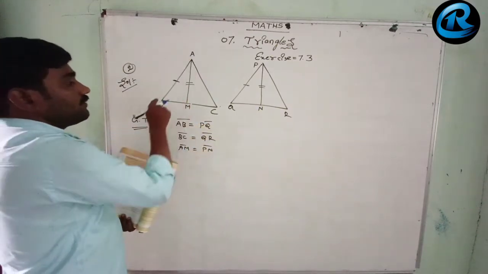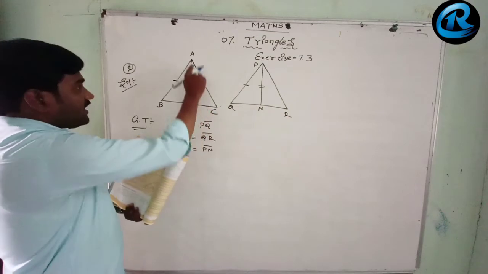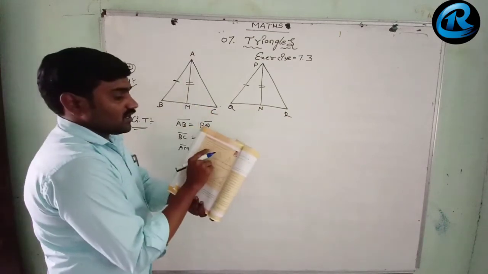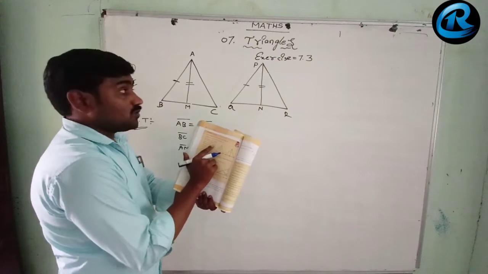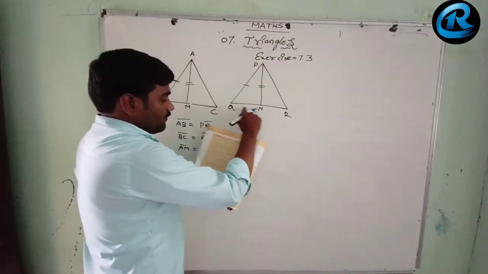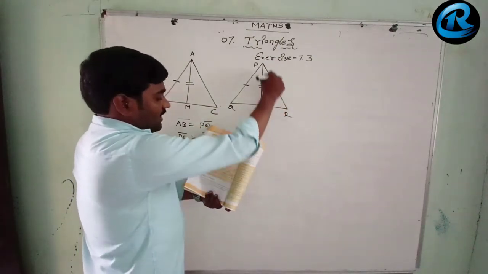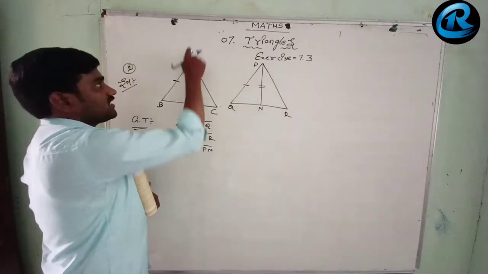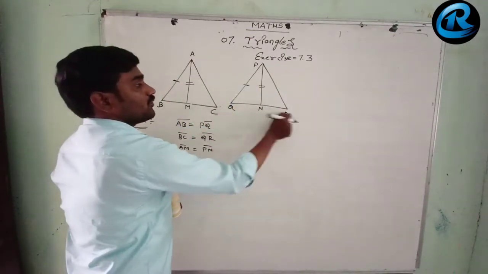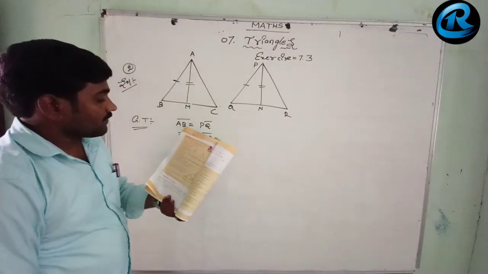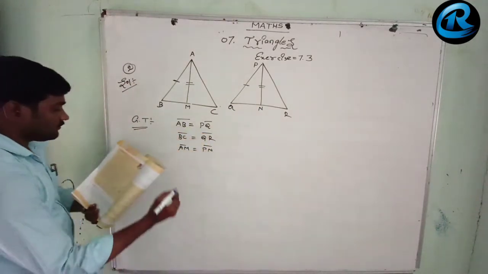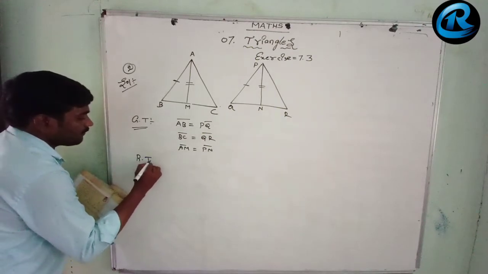AB and BC and median AM of triangle ABC are respectively equal to sides PQ, QR and PN. He said AB, BC, AM are equal to PQ, QR, PN. I wrote the same here. Okay, then show that, RTP.